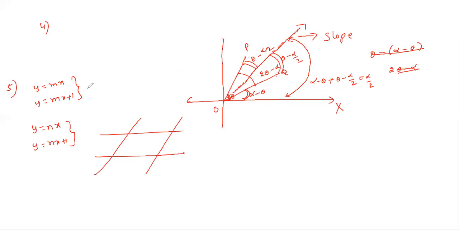What is the distance between these two parallel lines? Mod of c1 minus c2, 1 minus 0, over root of a square plus b square: 1 by root m square plus 1. And this is 1 by root n square plus 1. Let it be p1, let it be p2. What is the sine if the angle between the lines is theta? What is the area of the parallelogram formula?